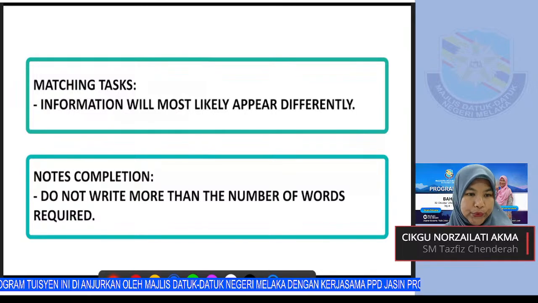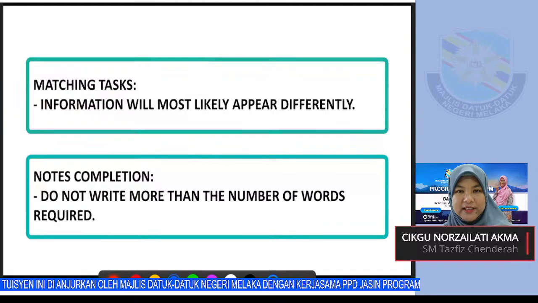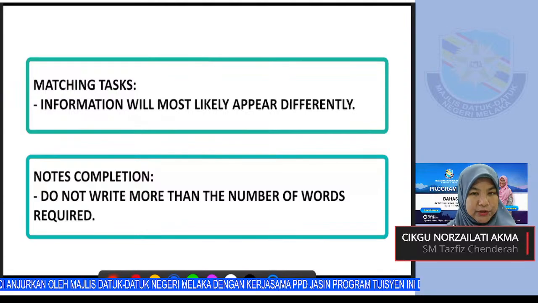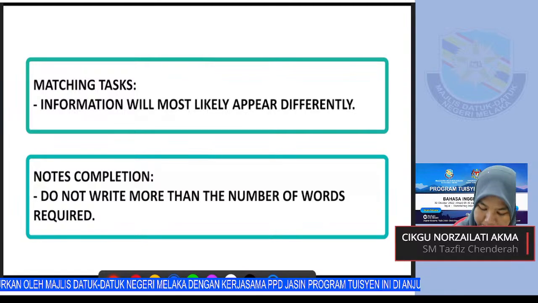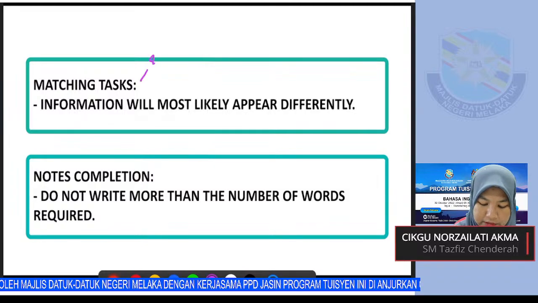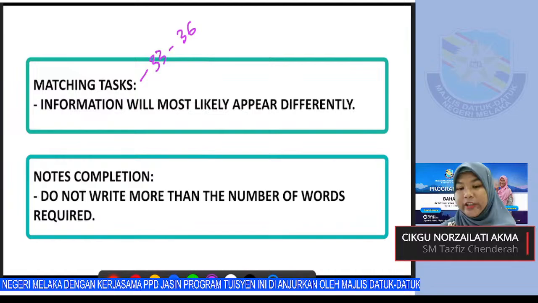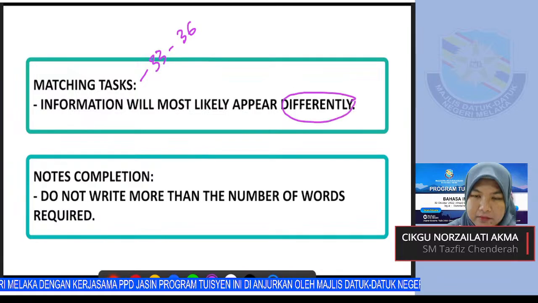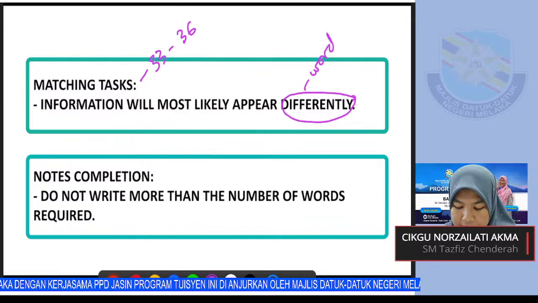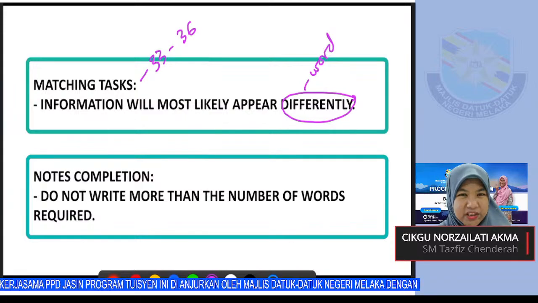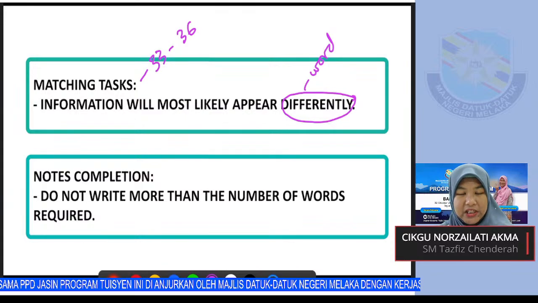That you need to know for matching tasks. For matching tasks, it is from question number 33 to 37. For matching task, you need to remember that information will most likely appear differently. What I mean by differently, maybe the words used might be different, but however it has similar meaning.